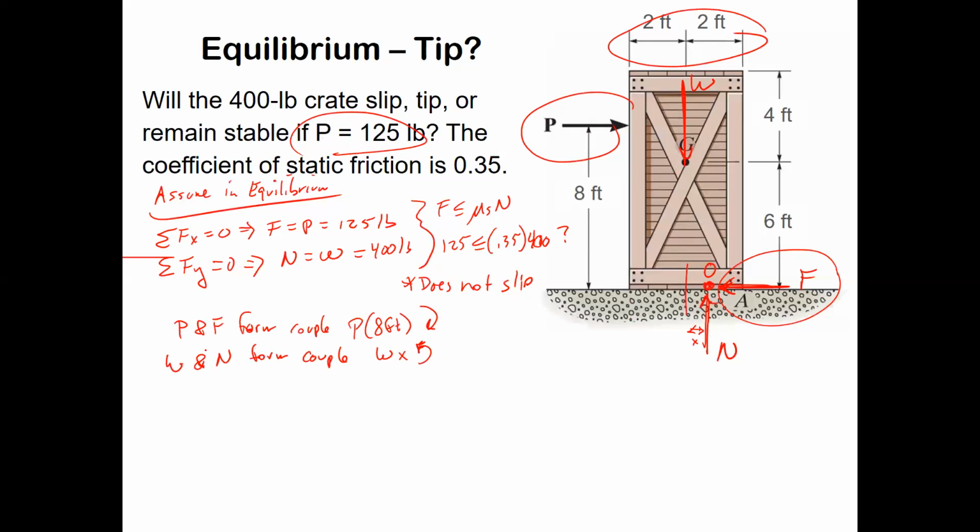Okay, so that's an interesting thing. If it's still in equilibrium, again, we're going to assume it doesn't tip. This is assuming equilibrium for forces, and this is assuming equilibrium for moments.